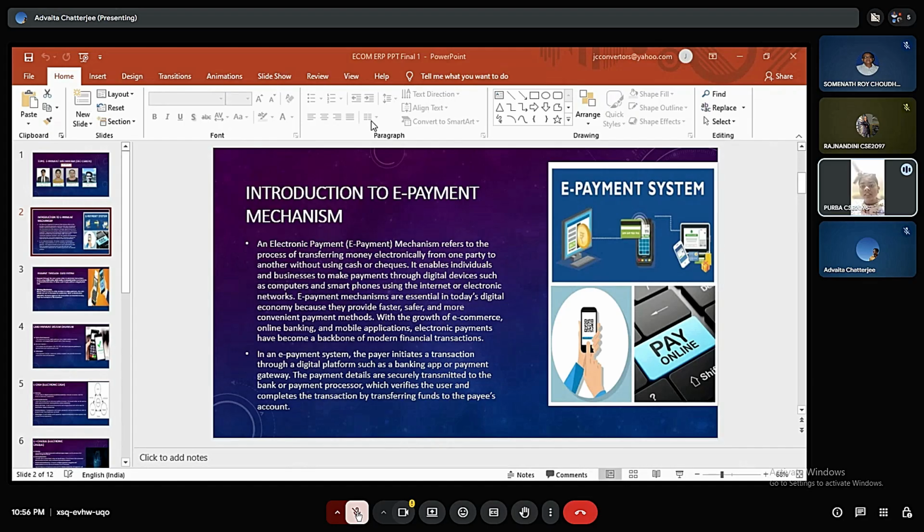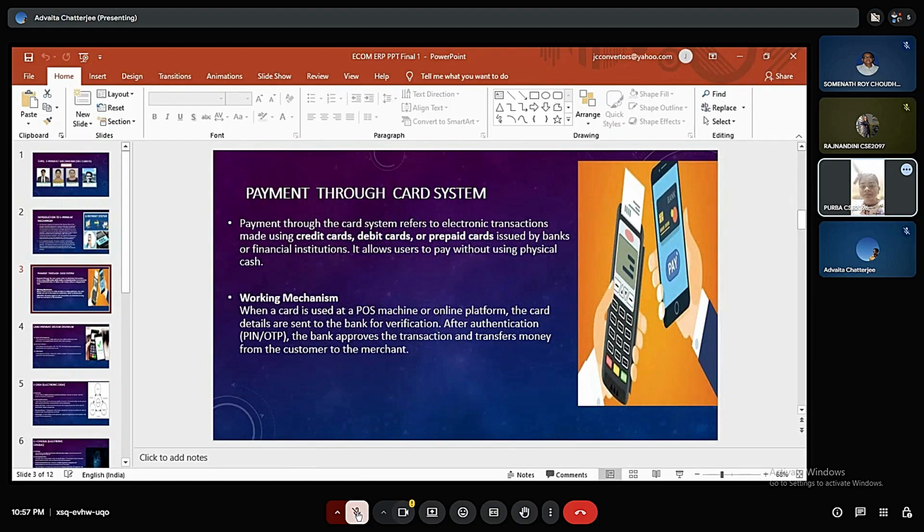In an e-payment system, the payer initiates a transaction through a digital platform such as a banking app or payment gateway. The payment details are securely transmitted to the bank or payment processor, which verifies the user and completes the transaction by transferring funds to the payee's account.